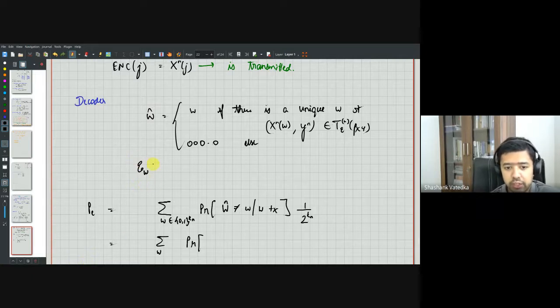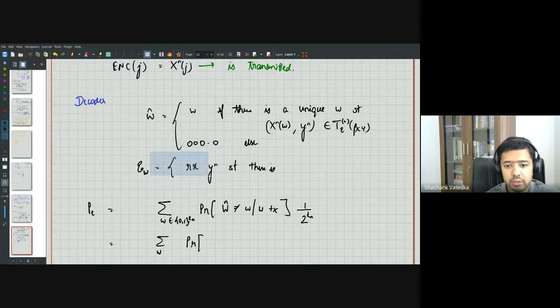The error event corresponding to w is that you receive yn such that... anyway, let us see what the exact error event is a little bit later.